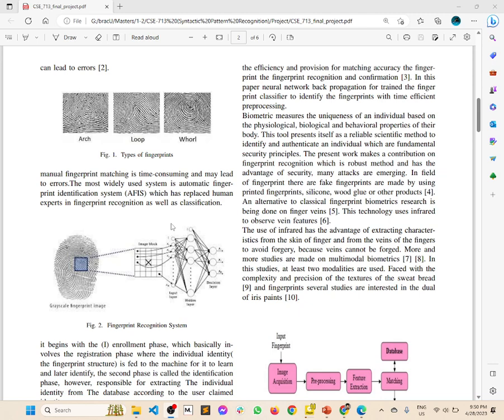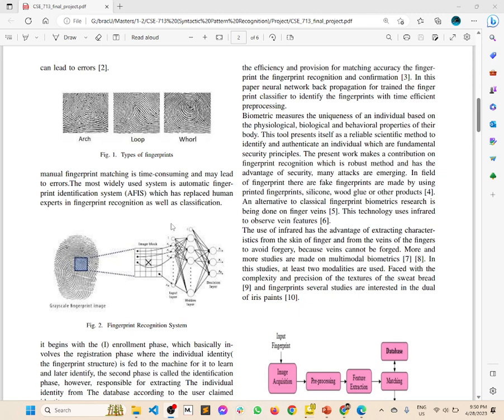The present work makes a contribution on fingerprint recognition, which is a robust method and has the advantage of security. Many attacks are emerging in the field of fingerprints. Fake fingerprints are made using printed fingerprints, silicon, wood glue, or other products.